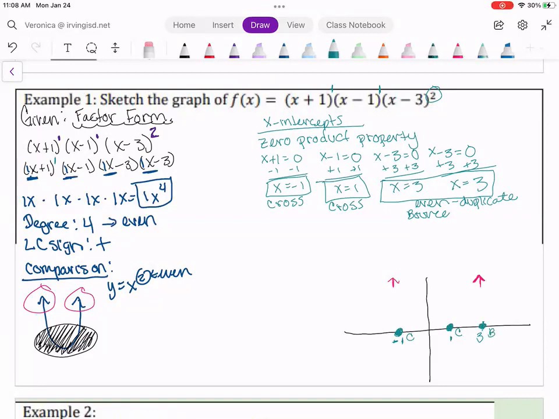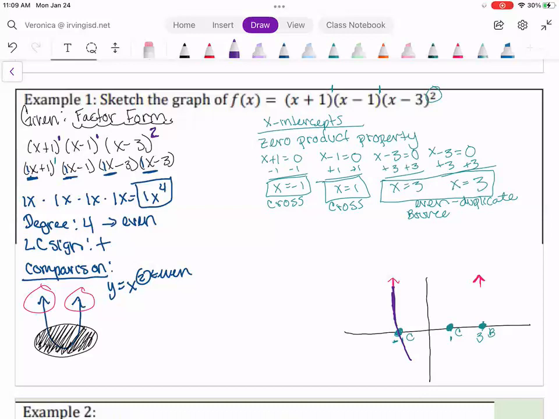Once you have your x-intercepts, the next thing to do is just follow through with what's going to happen at each x-intercept as you connect them to your arrows. So right here in purple, I started connecting to that first arrow on the left. At that -1, we're going to cross. So I know I'm going to cross.